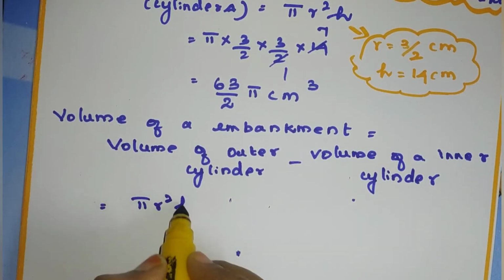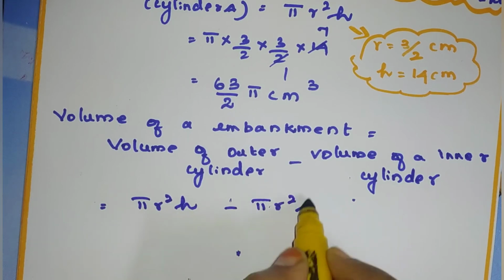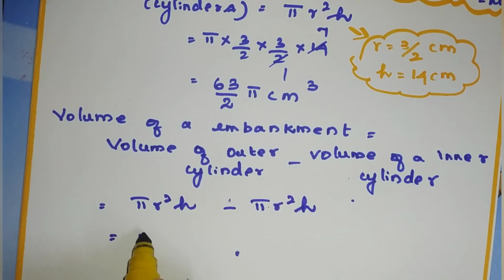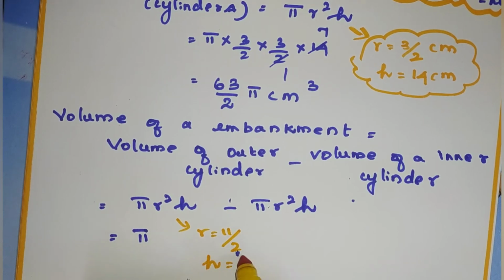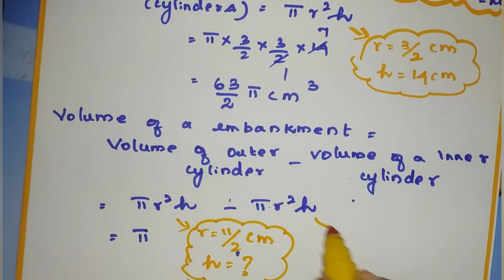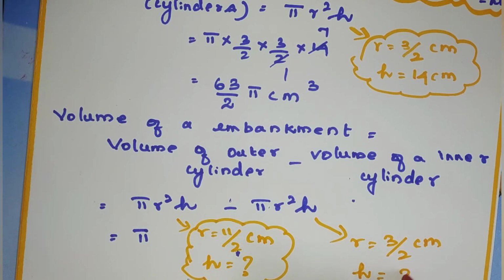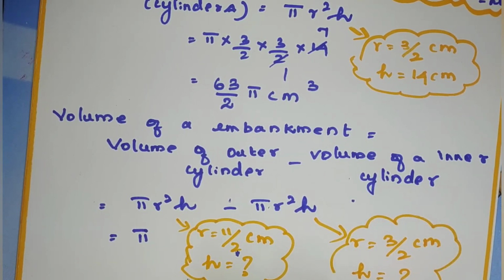Pi r square h minus pi r square h, and then keep the pi as it is, and the radius of the outer cylinder is 11 by 2 and we don't know the height, so that only we have to find. The height of the embankment only we have to find. Okay, so the radius of the inner cylinder is 3 by 2 centimeter and the height is equal to question mark, that only we have to find.